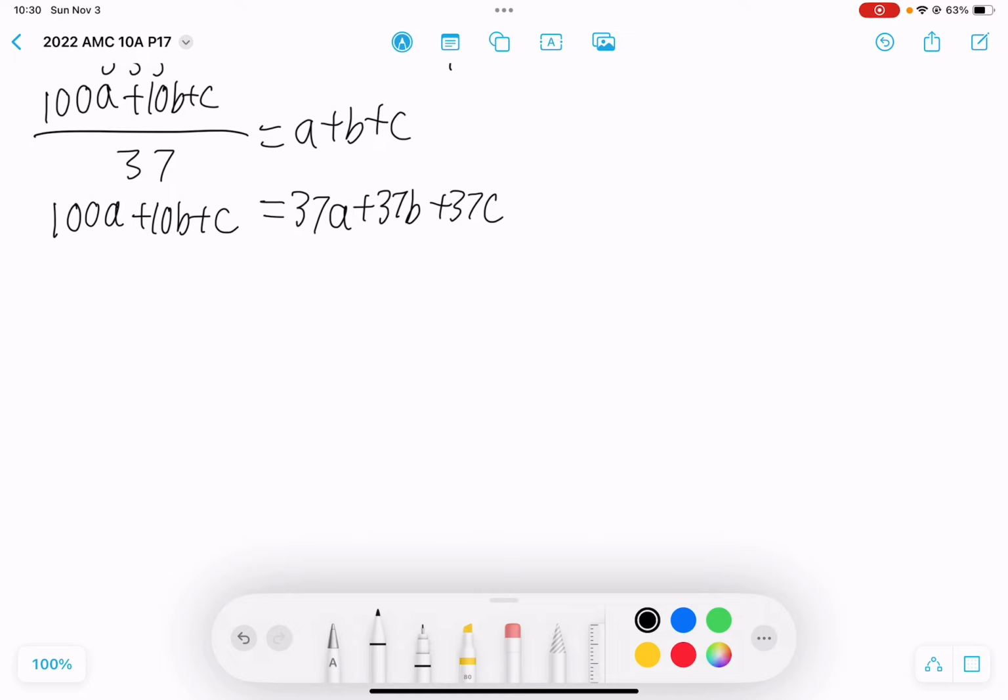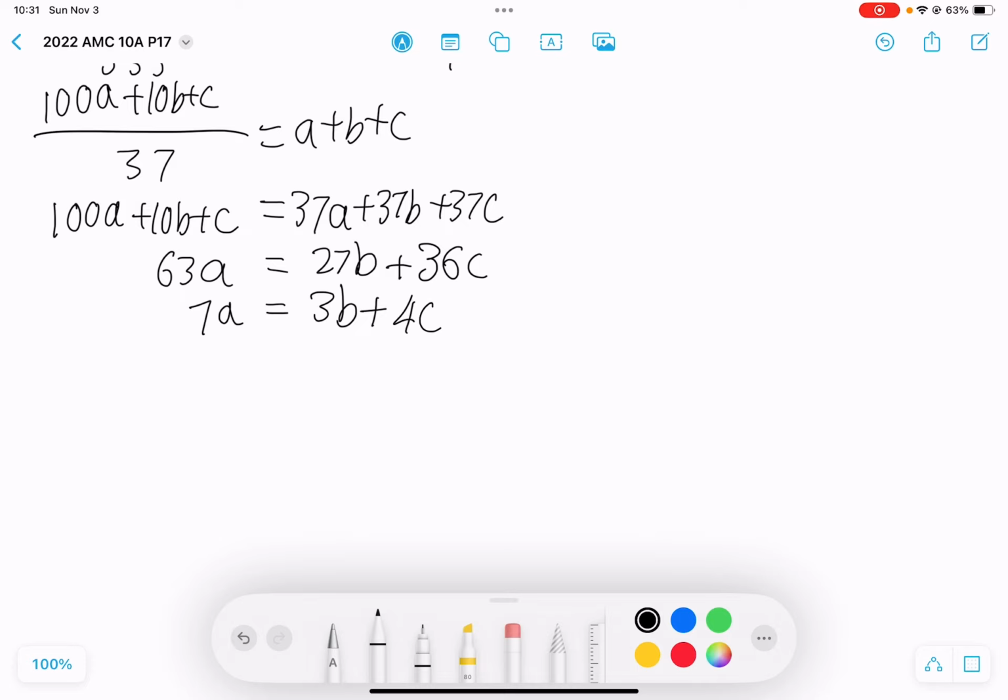This gives me 63a, minus 10b on both sides, so 27b, minus c on both sides, 36c. Before solving, let's simplify as much as possible by dividing both sides by 9. So this is 7a equals 3b plus 4c.